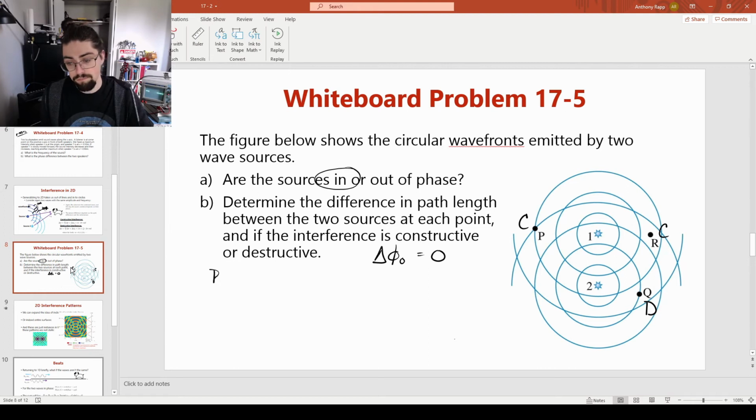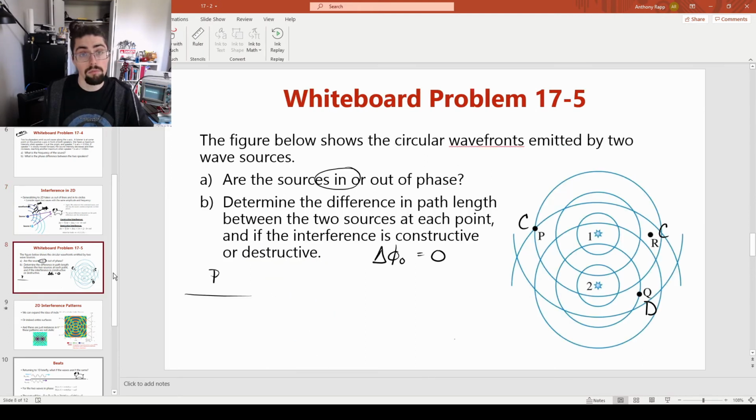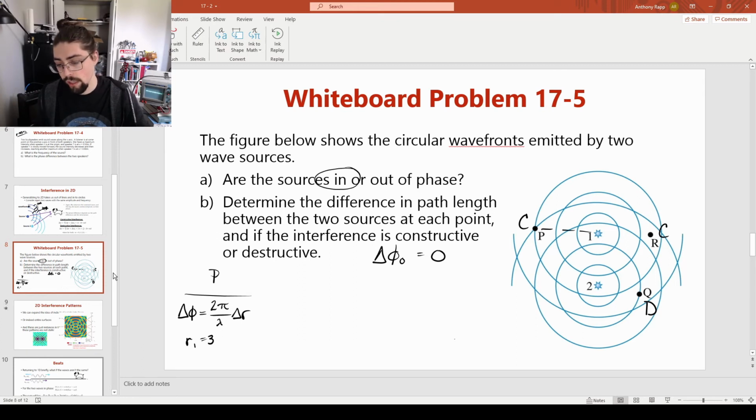Then at point P, if we're going back to this equation, 2 pi over lambda times delta R plus that phase constant. The phase constant in our case is 0, the phase constant difference. So the only difference of phase that we would see is because of a difference of path, 2 pi over lambda times delta R. Well, what is R1? 1, 2, 3. 3 lambda.